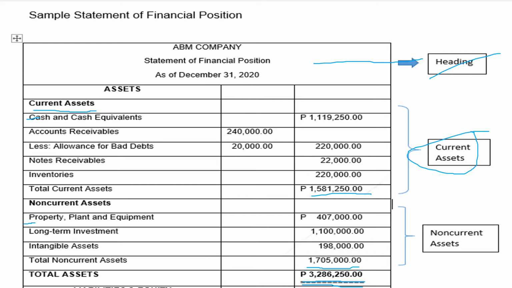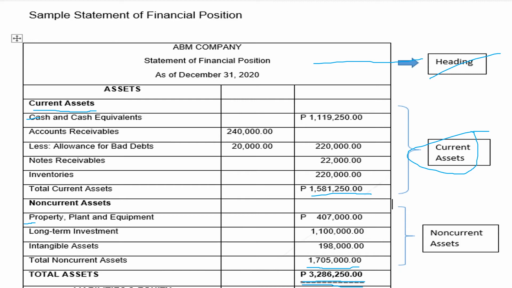Hindi yung sasabihin lang natin, ay, ito ay medyo malaki ang kita nito, ito ay sa ganitong kampanya or ganong company. No, we must be specific in making a statement of financial position. It must contain a heading.